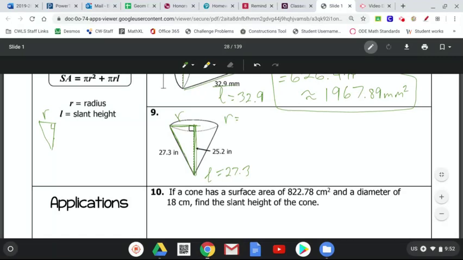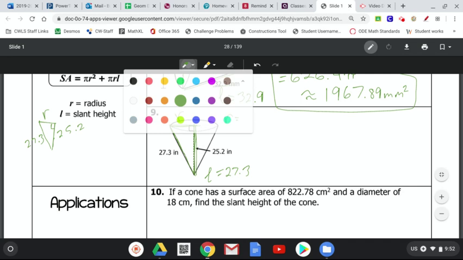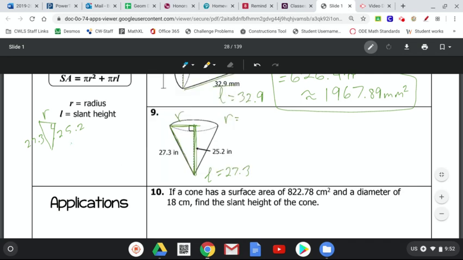We have 25.2 is one of our legs, and 27.3 is the hypotenuse. So when we plug it in, it's going to be 25.2 squared plus r squared equals 27.3 squared.